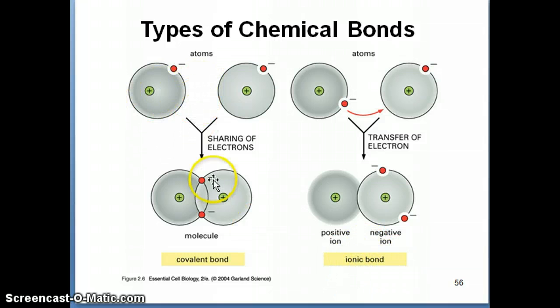A covalent bond, on the other hand, is the sharing. These two atoms come together and share their electrons. The electrons then have electrostatic interaction with the two nuclei. There's attraction between this one and that one, and between this and that, which holds these two atoms together, and that's what we refer to as a covalent bond.